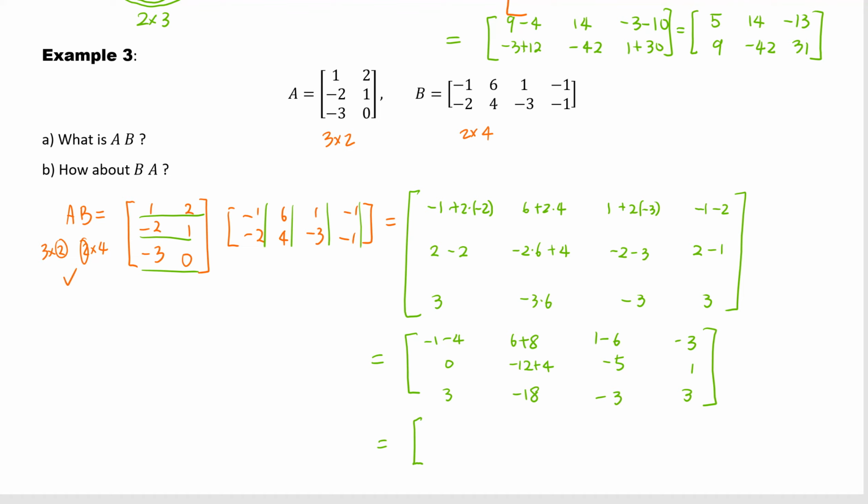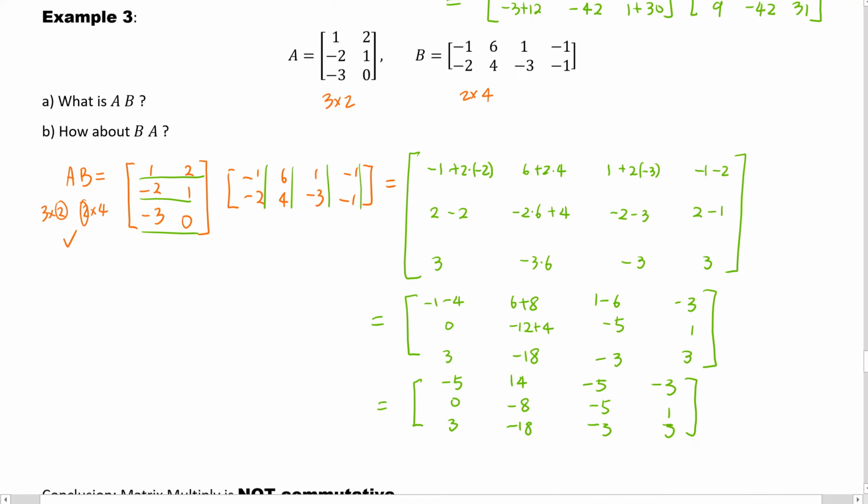After you are done, you can use your calculator to input the matrix, do the matrix addition or multiplication, and check your work. So you only use the calculator to check your work, okay? Minus 12 plus 4 is minus 8, and then minus 5, 1, and then we just copy down those entries. Okay, so this is our result.